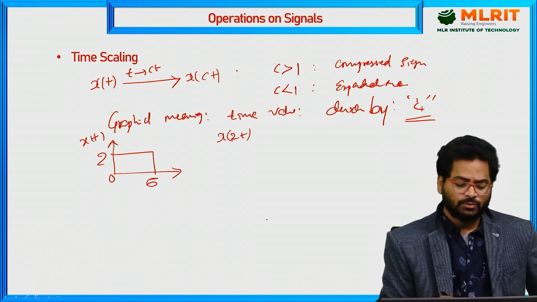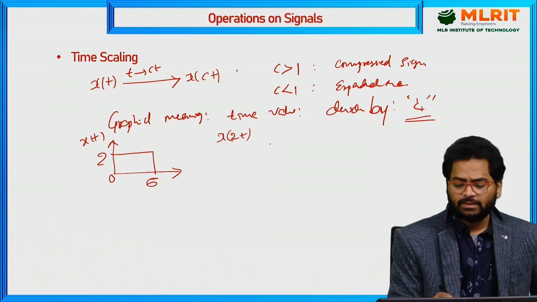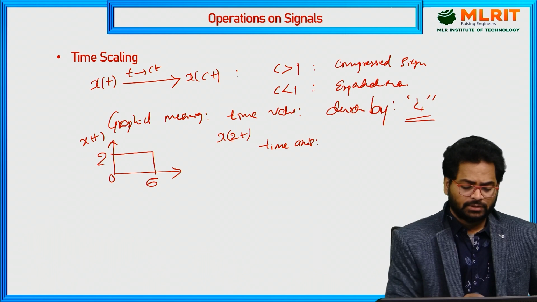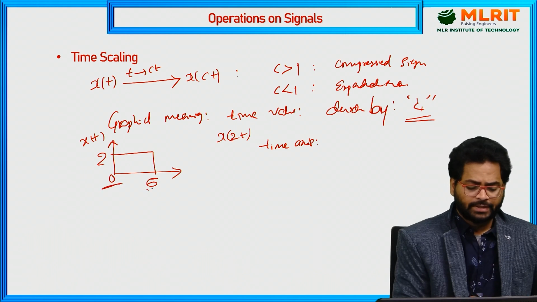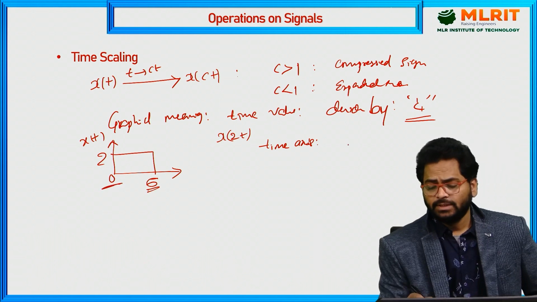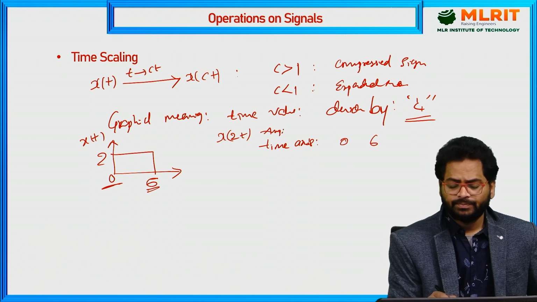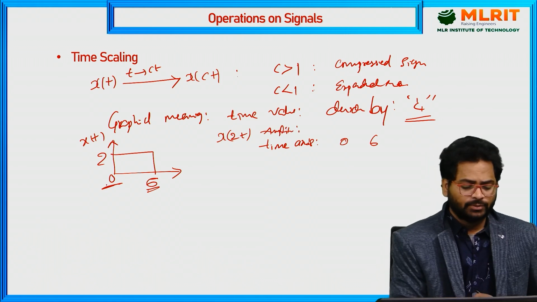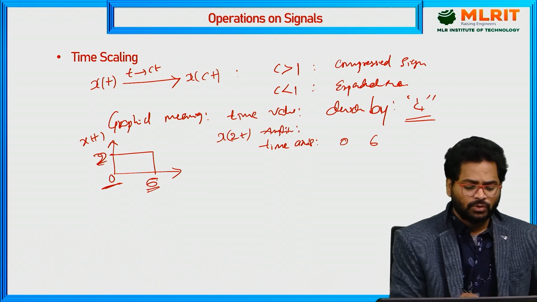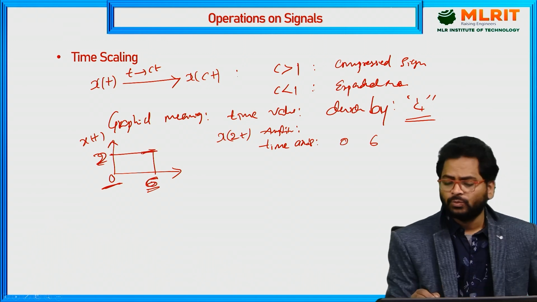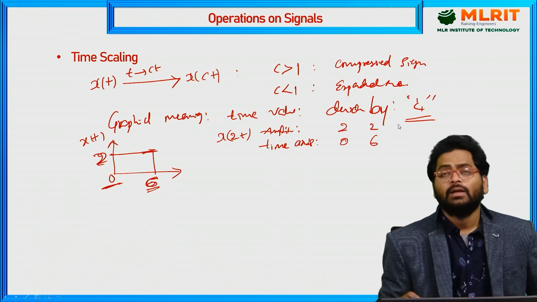First take the time axis values: 0 and 6. Next, coming to the amplitudes: at 0 the amplitude is 2, at 6 also the amplitude is 2. That means no change in the amplitude.